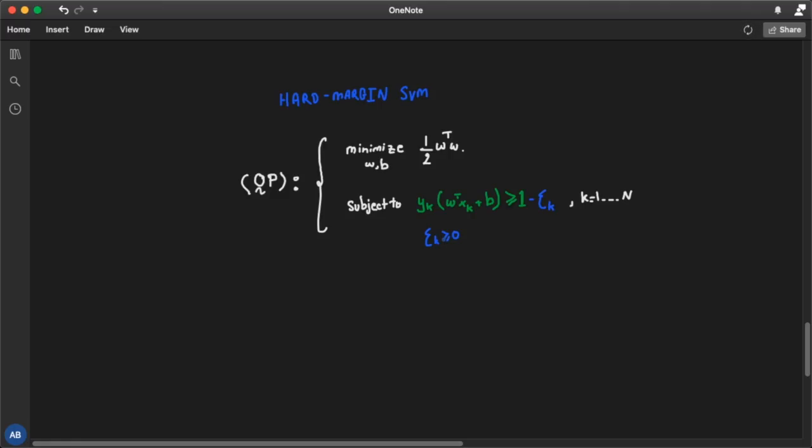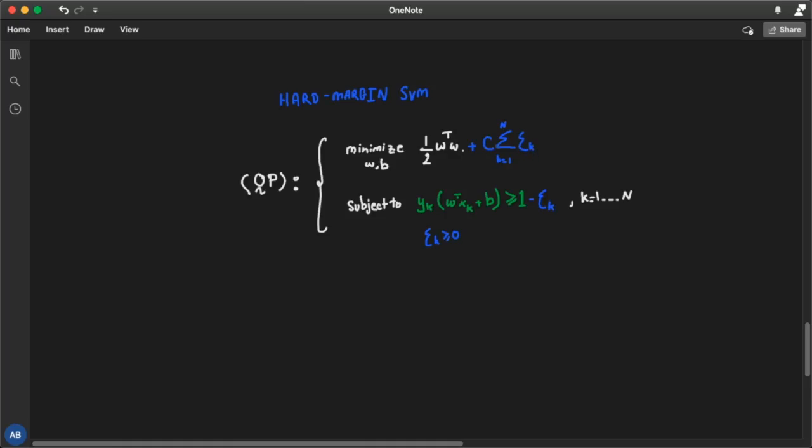So those psi's allow an adaptive margin, and the cost will thus penalize those psi's. We're going to have a hyperparameter over here that reports a certain trade-off, and we're going to sum over all psi's as such.